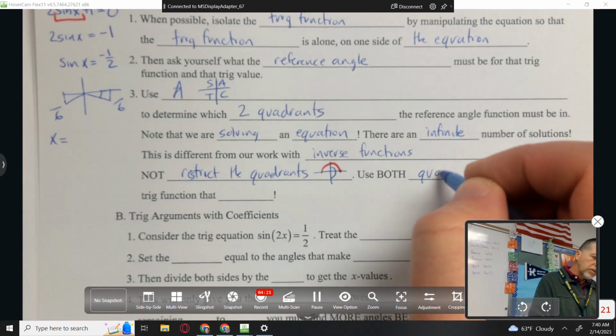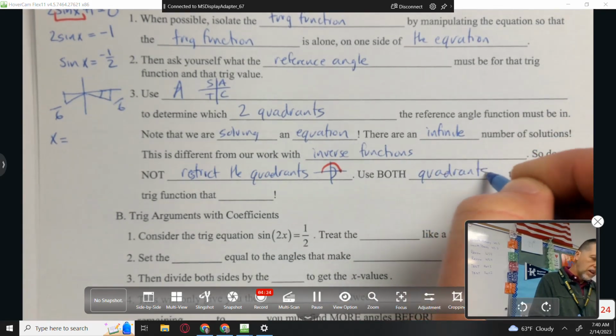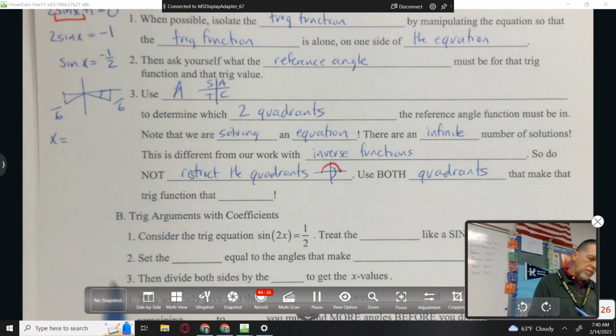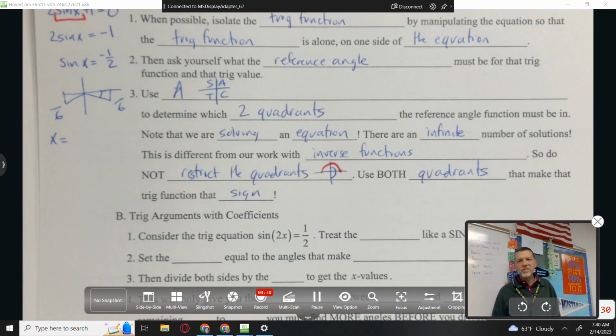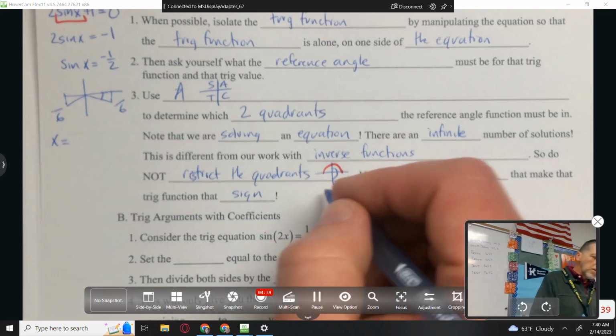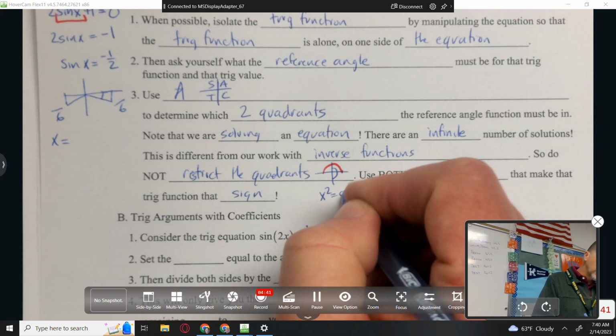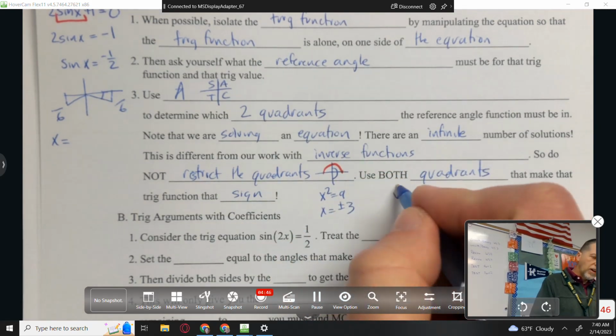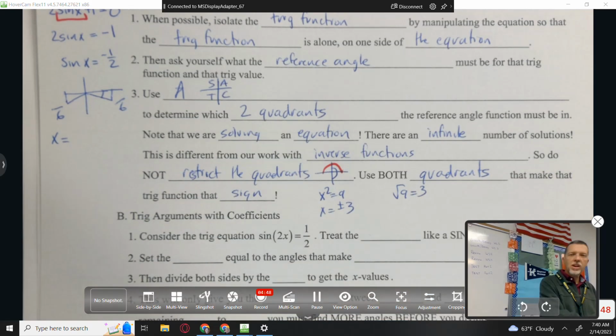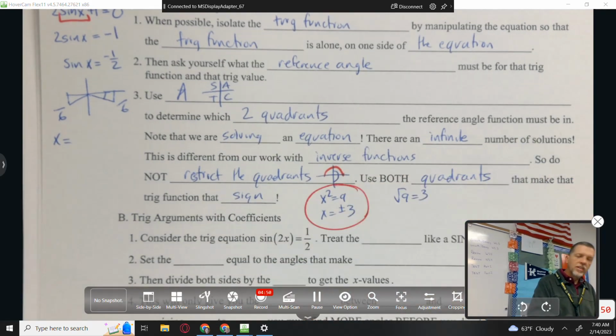Use both quadrants today that make that trig function that sign. So that's a lot of words to say. Don't restrict your answer. Just give both answers. I think that's the easiest way to say it. And remember, it's similar to if x squared equals 9, then x equals plus or minus 3. But if you have the square root of 9, that's just 3. Today we're doing the plus or minus side of things. We've got multiple answers.